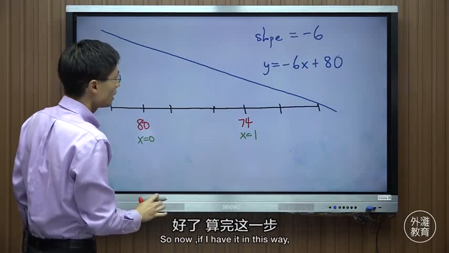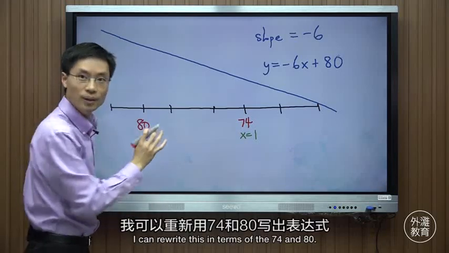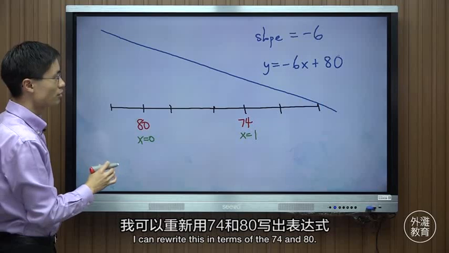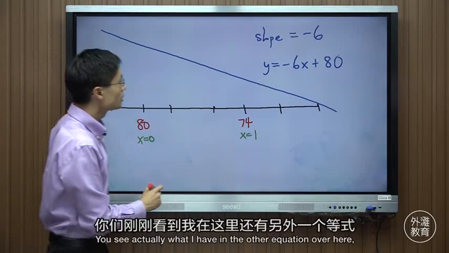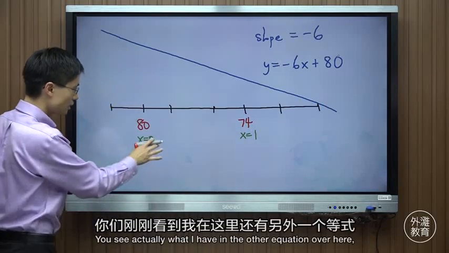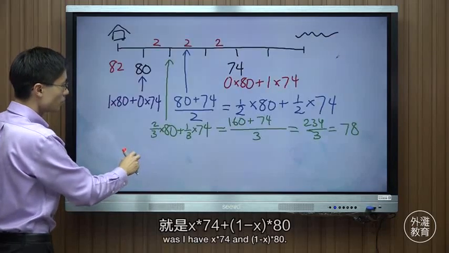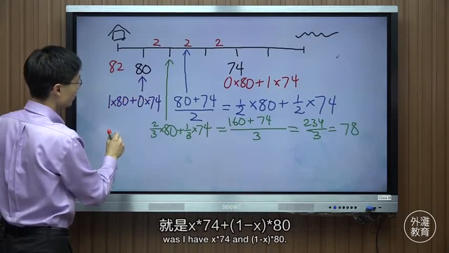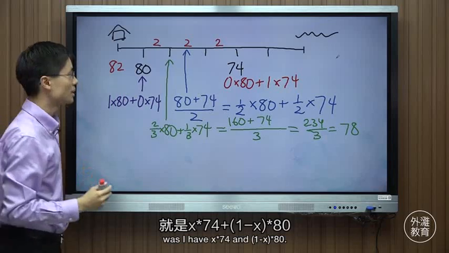So now, I can rewrite this in terms of the 74 and the 80. What I actually had in the other equation over here was x times 74 and 1 minus x times 80.